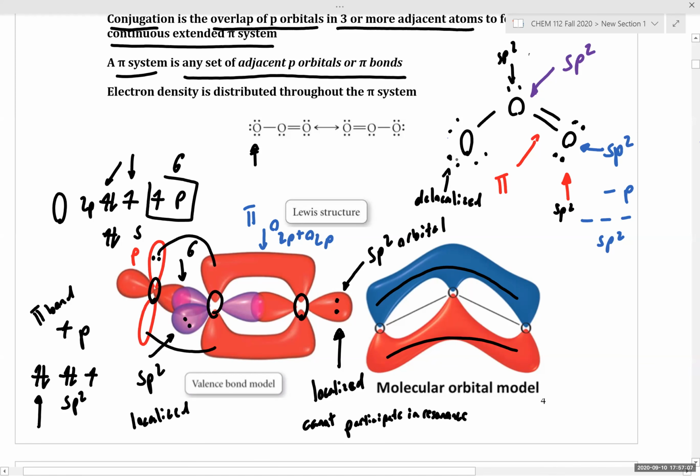And as a result of resonance, this electron density found in our double bond and lone pair is distributed across all three of our oxygen atoms. Does that make sense?